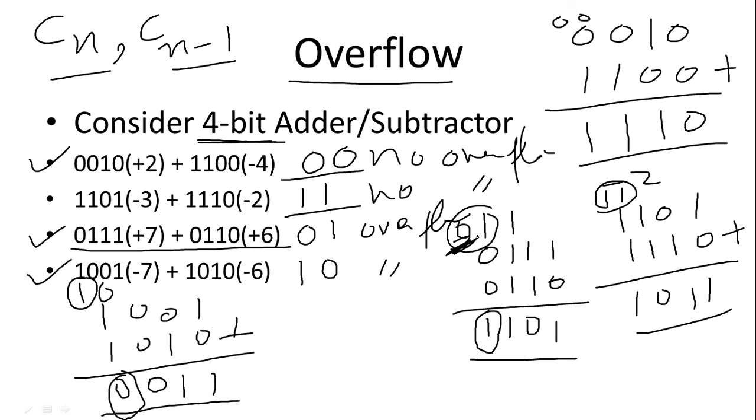So if it is 0 1, then the number has exceeded our upper limit. And if the last two carries are 1 0, then the number has exceeded our lower limit. So we can perform detection of overflow accordingly.